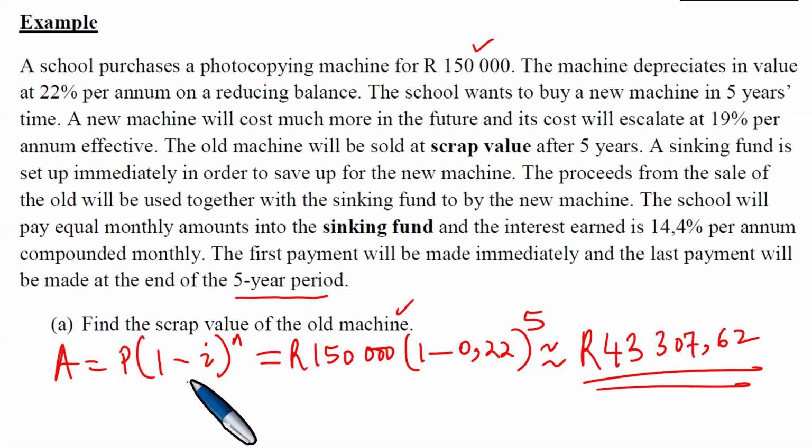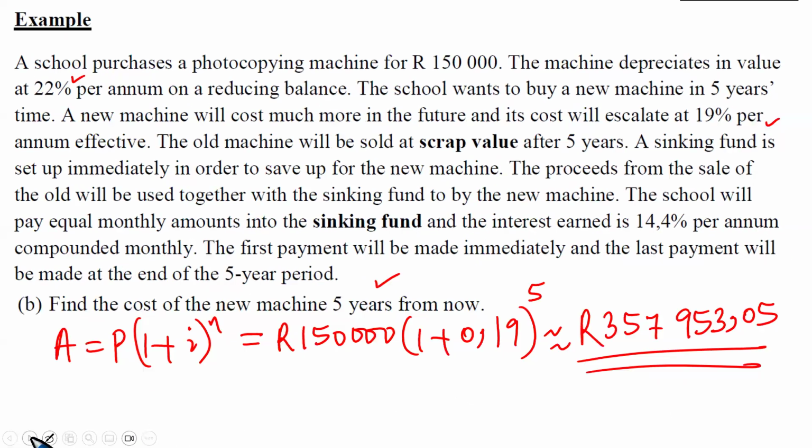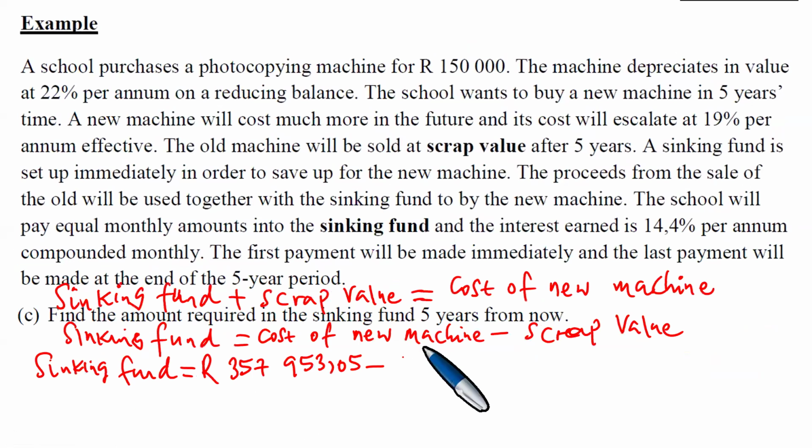The scrap value, if we consider the sale of the old photocopying machine, is obviously 43,307 rand and 62 cents. And that is what we substitute here.